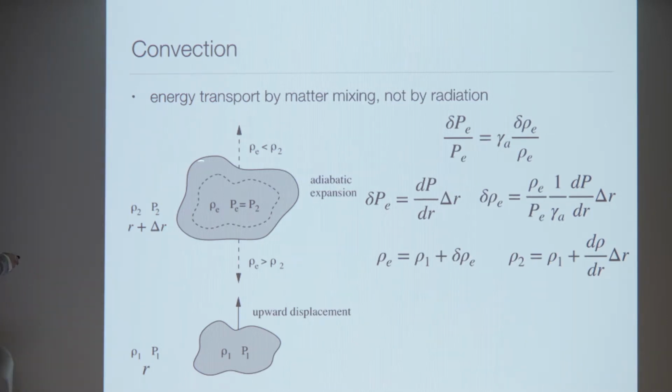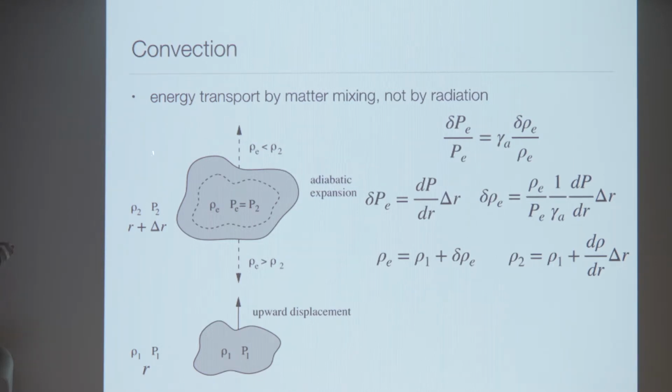The new density up here will be written by adding this change to the original density. So the new density here will be ρe, which is ρ1, the original density, plus the change in the density which you expect from the adiabatic change.